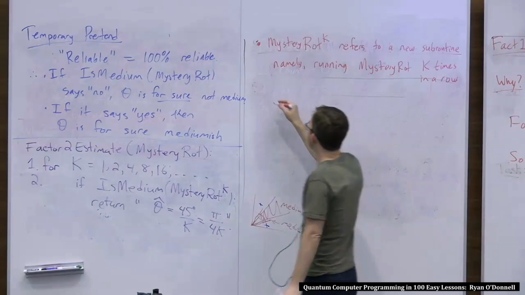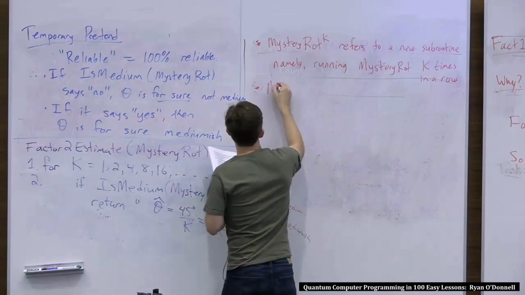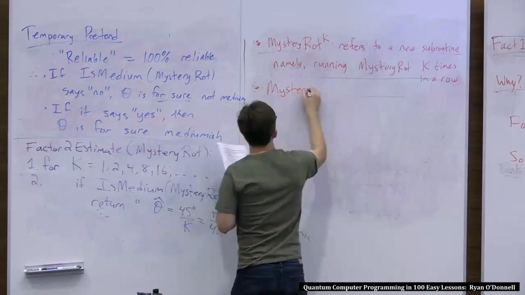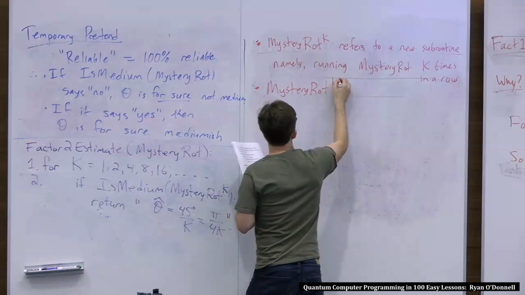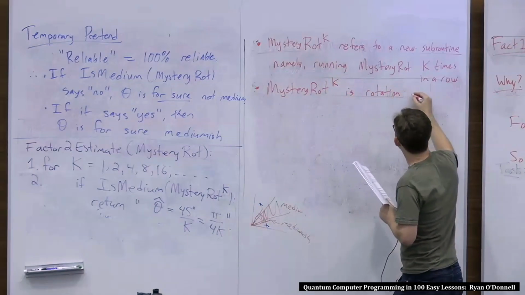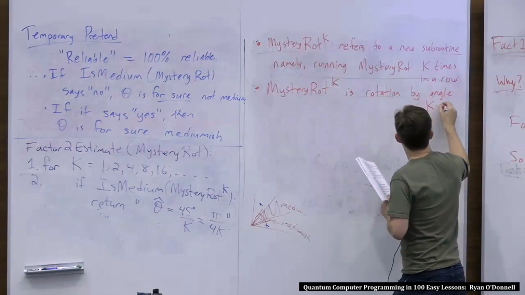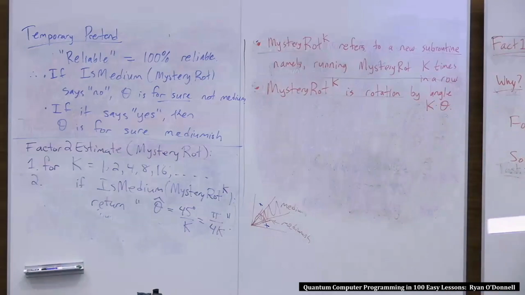Okay, so this new subroutine, mystery rot to the K, is also a rotation by angle K times theta. Because mystery rot rotates by theta, you do it K times in a row, you rotate by K times theta.